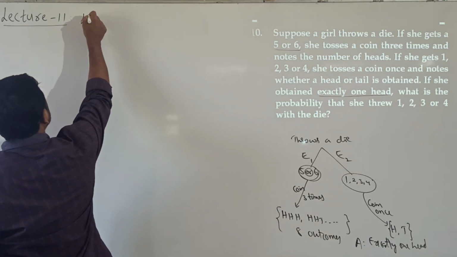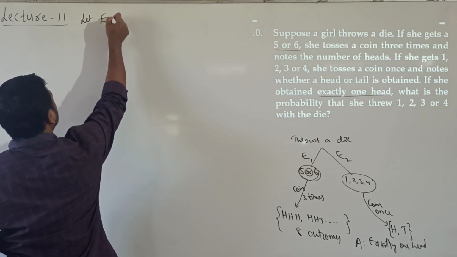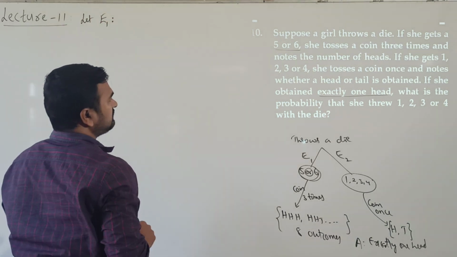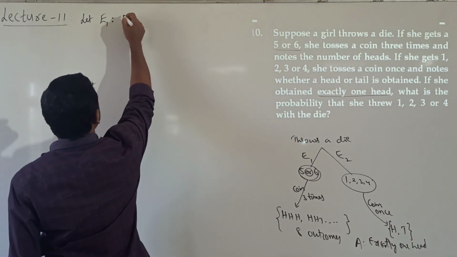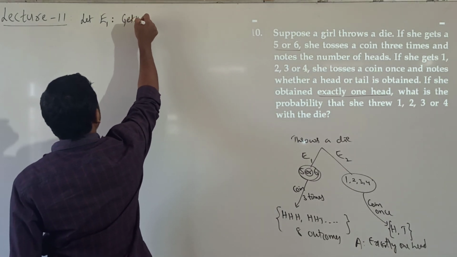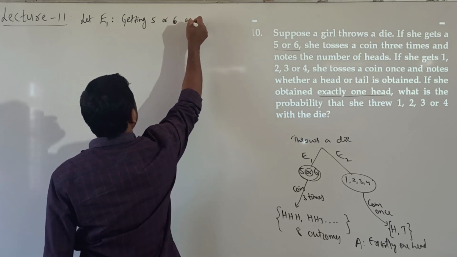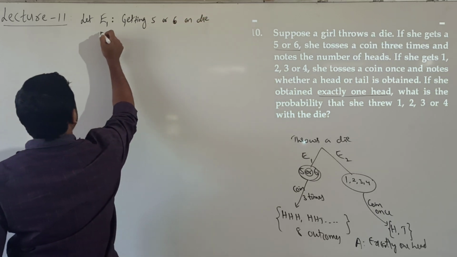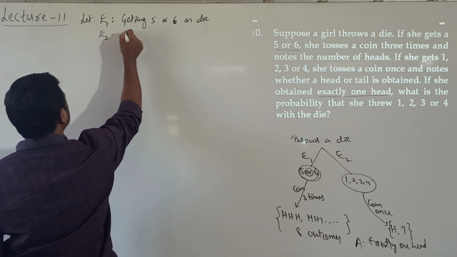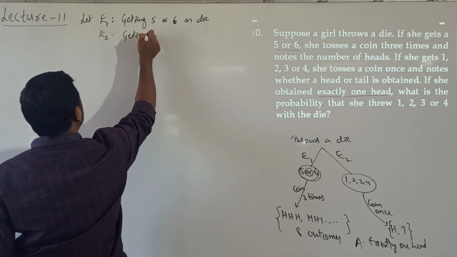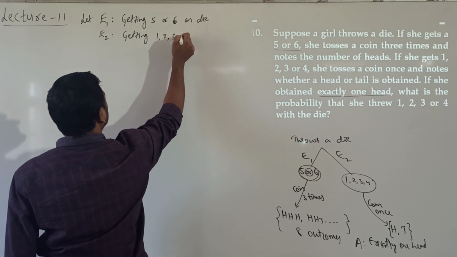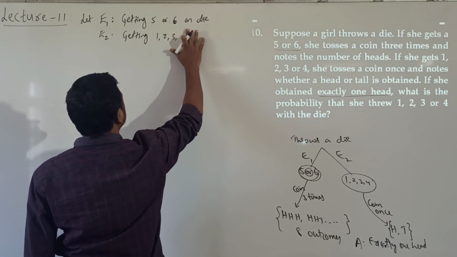Let us define the events. Let E1 be the event of getting 5 or 6 on the die. Next, E2 is the event of getting 1, 2, 3 or 4 on the die.